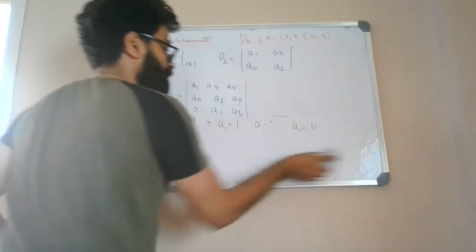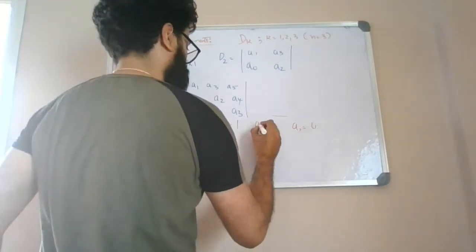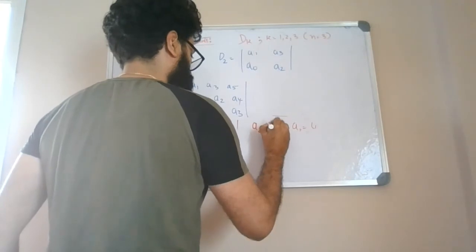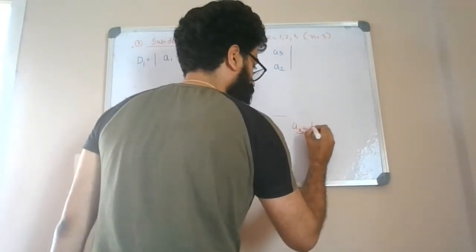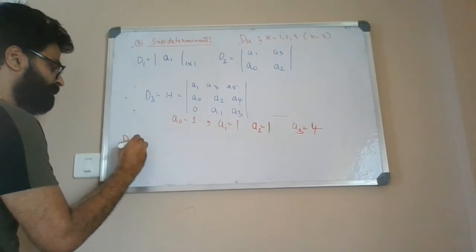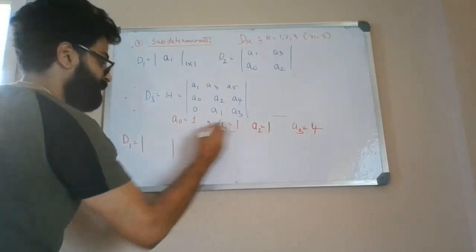So you have already written the coefficient values. Now you have to just substitute the coefficient values. A2 is also 1 and A3 was 4. Write down D1 first. What is D1? D1 is A1, and A1 is 1.